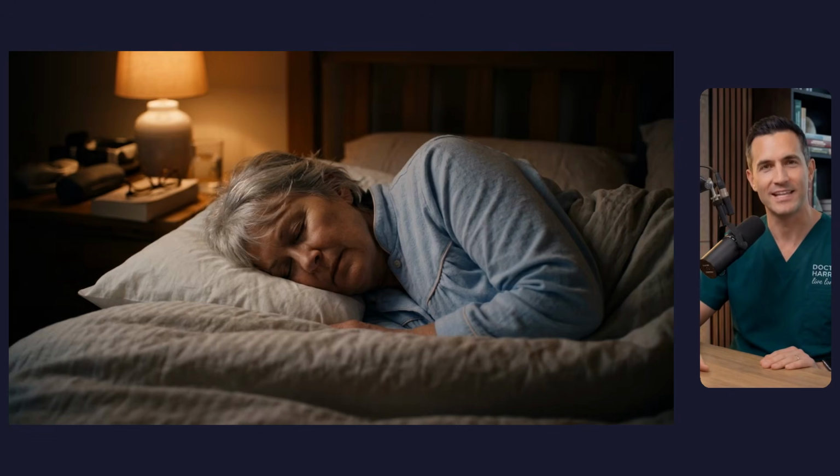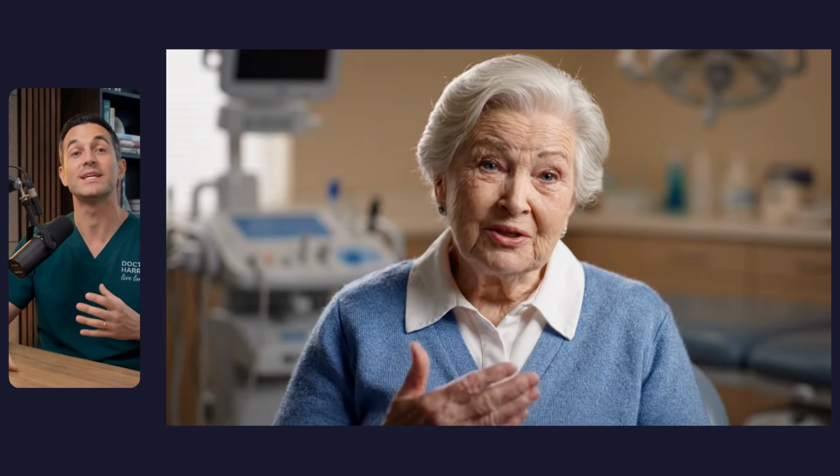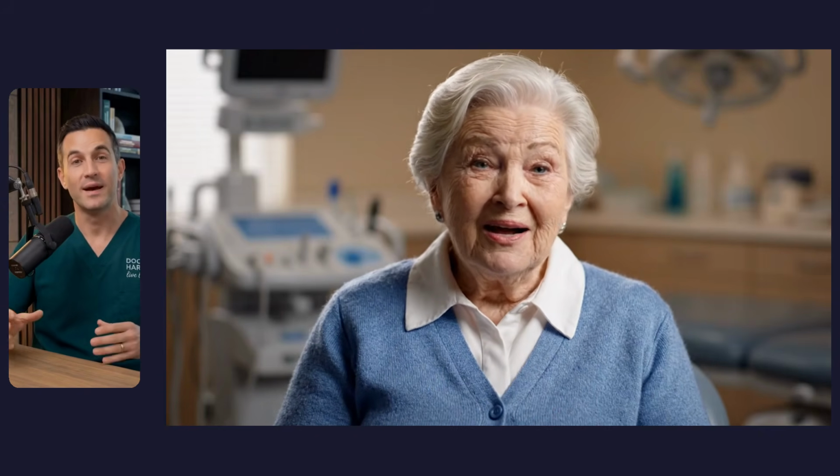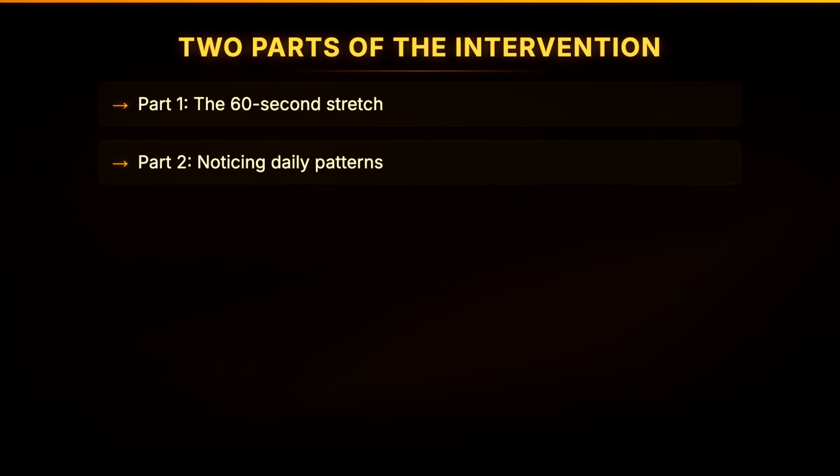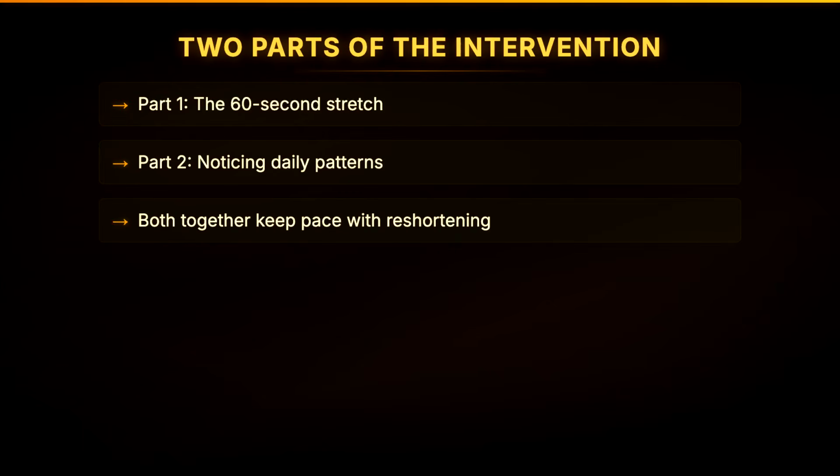If the loading pattern that created the restriction is still active, if you're still sleeping on the same side every night, still carrying the same bag on the same shoulder, still standing at the same counter with the same posture, the chain will keep reshortening between sessions. The stretch is necessary, but it's fighting an ongoing cause, not a historical one.